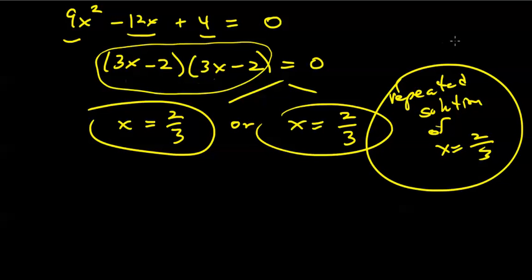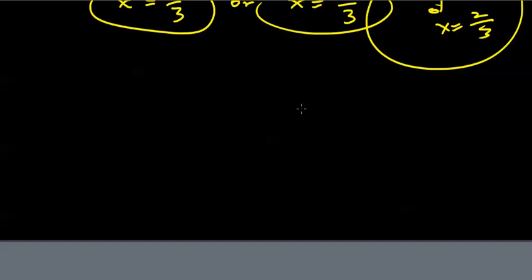Okay? Alright, and that can happen sometimes. You don't always have 2 unique solutions to degree 2 equations. You could have 2, you could have 1. Some equations can't be solved and you have no solutions. Depends on the equation. Let's go to another screen here.